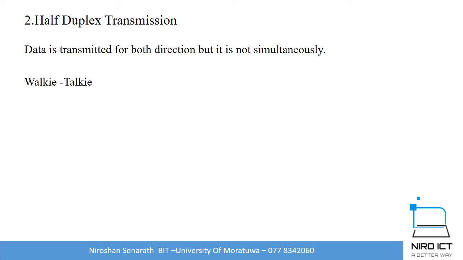That is the rule and that is the mode. But in half duplex transmission, we can transmit data in both directions, I mean sender to receiver and receiver to sender, right? But at the same time we cannot transmit data in both directions. That's why we say data is transmitted in both directions, but not simultaneously.